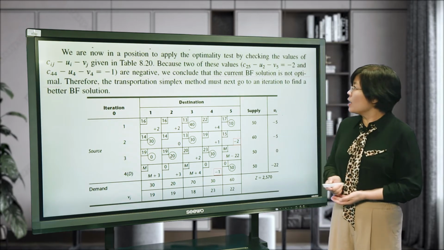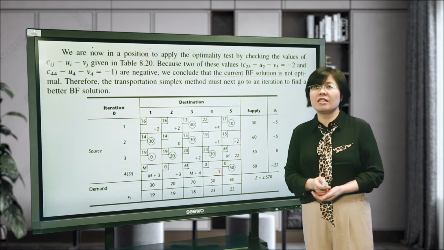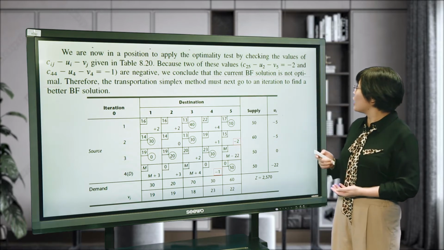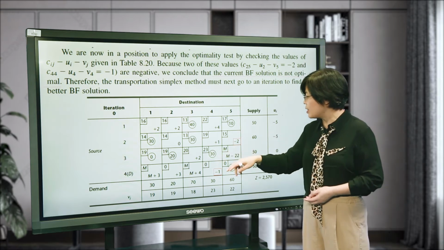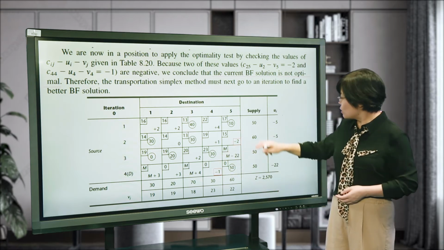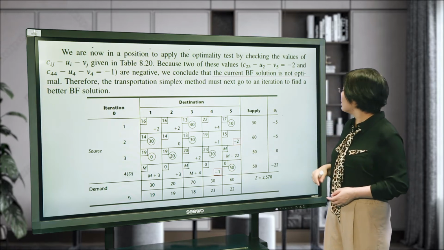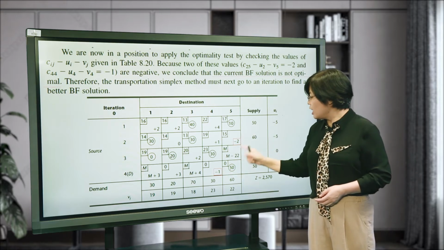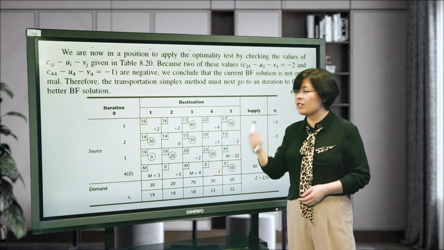We are now in a position to apply the optimality test by checking the values of the non-circled number cells. Because 2 of these are negative, the initial BF solution is not optimal.